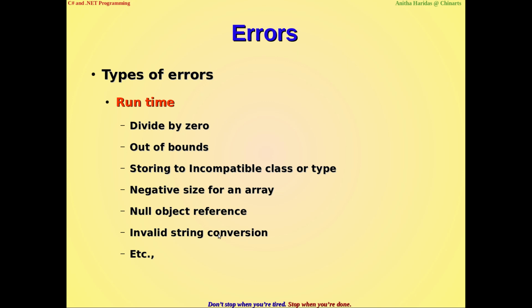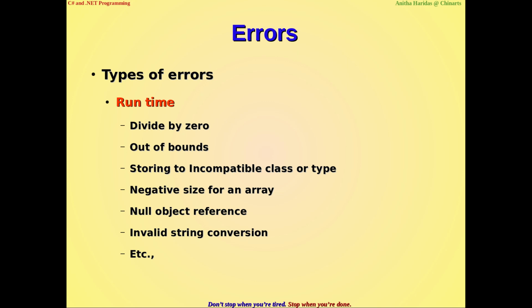Say for example, you have a statement like C = A / B. When you see this, there is no syntax error because C is a variable which can be assigned with the ratio of A and B using the slash operator, which is a division operator. So C = A / B is a very valid statement.